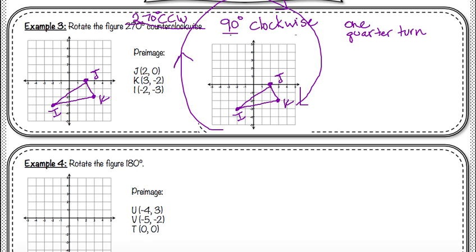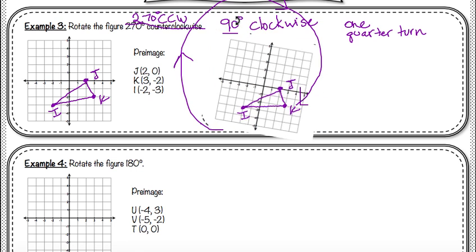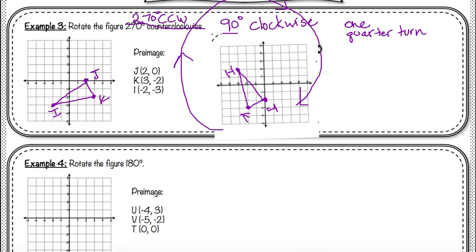I'm going to turn this 1/4 turn, just like this. Okay. So if I was doing this on my own paper, I would rotate the picture and then I would write down what I see.